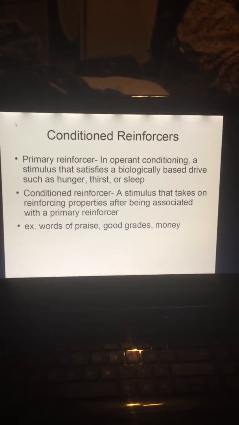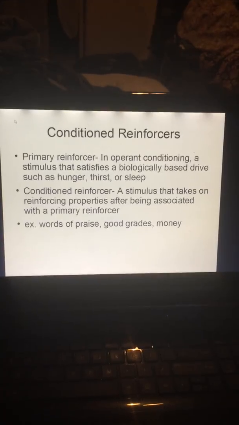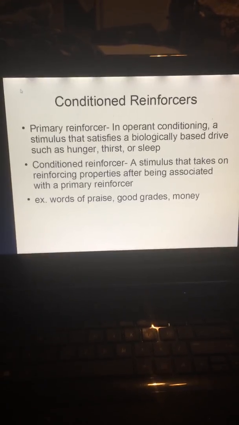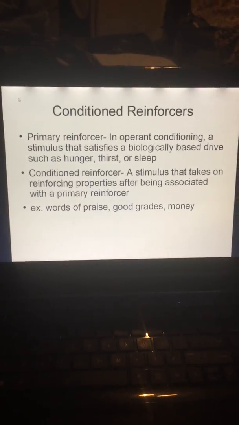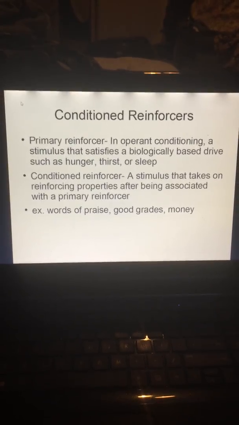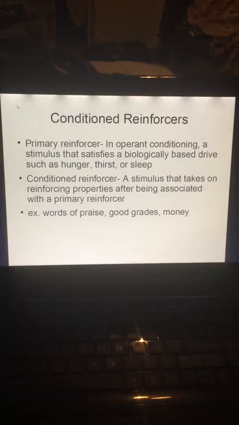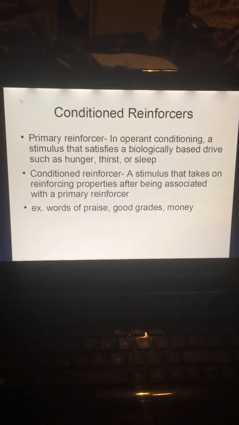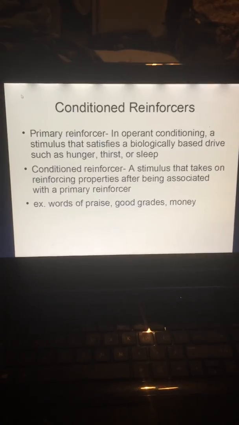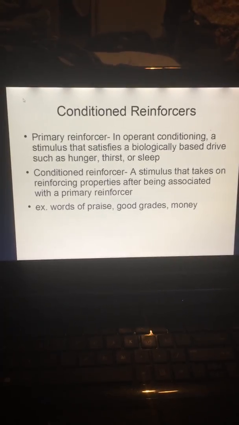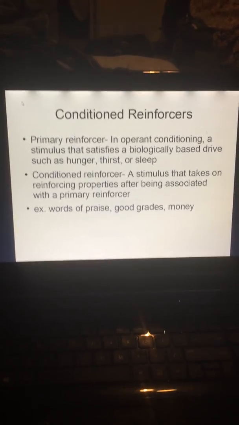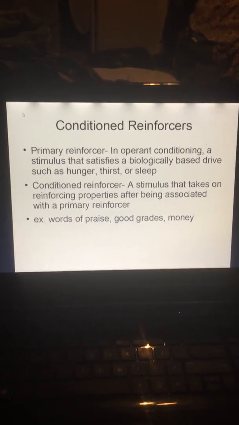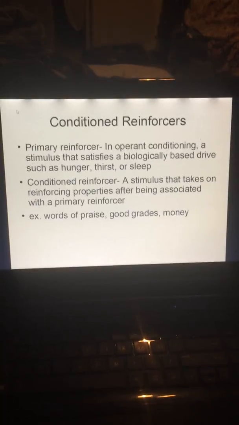Now, a conditioned reinforcer, on the other hand, is something that takes on reinforcing properties after being associated with a primary reinforcer. Words of praise are only good depending upon who it's coming from, right? Good grades are associated with academic success. Money is only useful for what you can buy with it. When I was little, I'd get like $4 in allowance money.